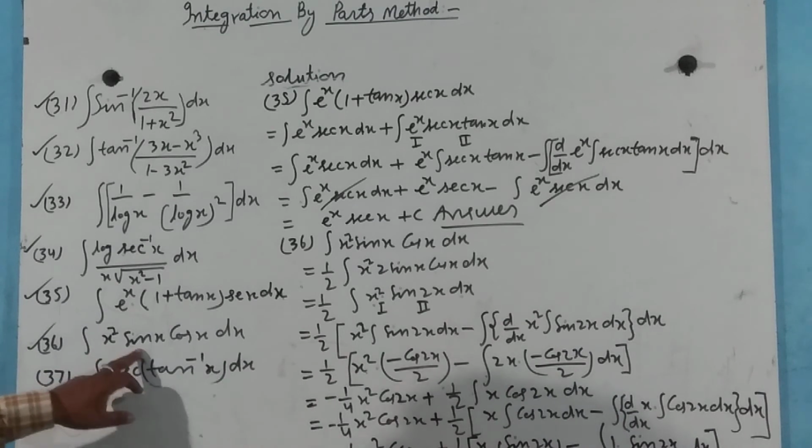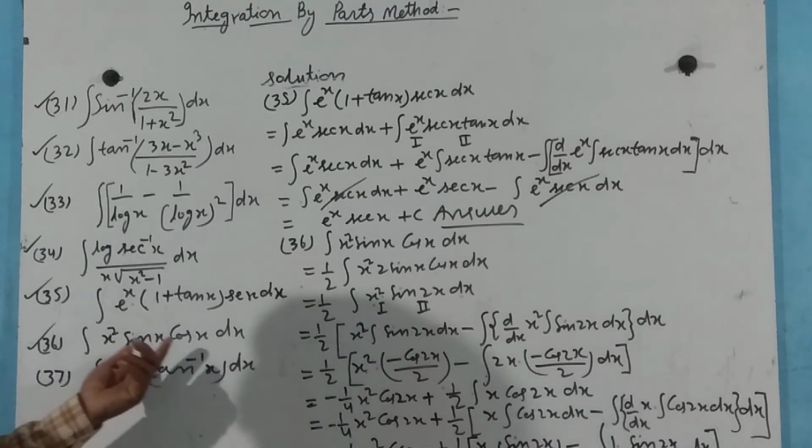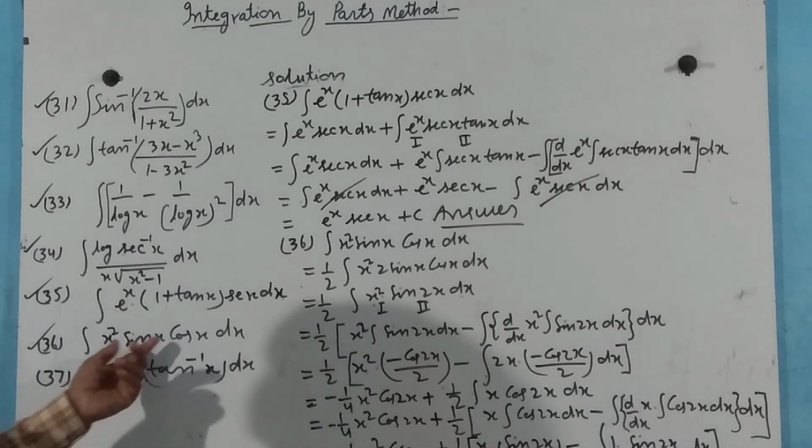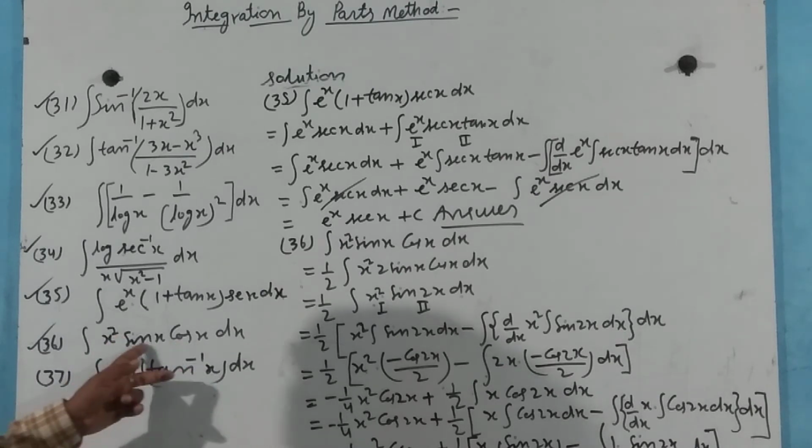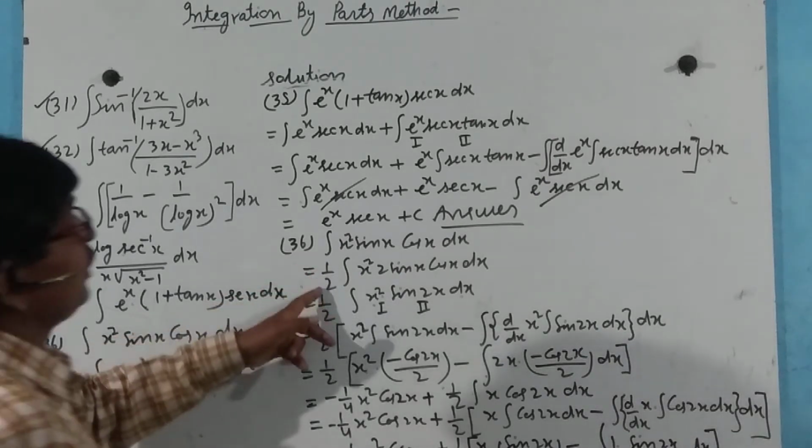Now we take question number 36. Integration of x square sin x cos x dx. We break this. If we multiply by 2, sin x cos x, that is sin 2x, so that 1 by 2.